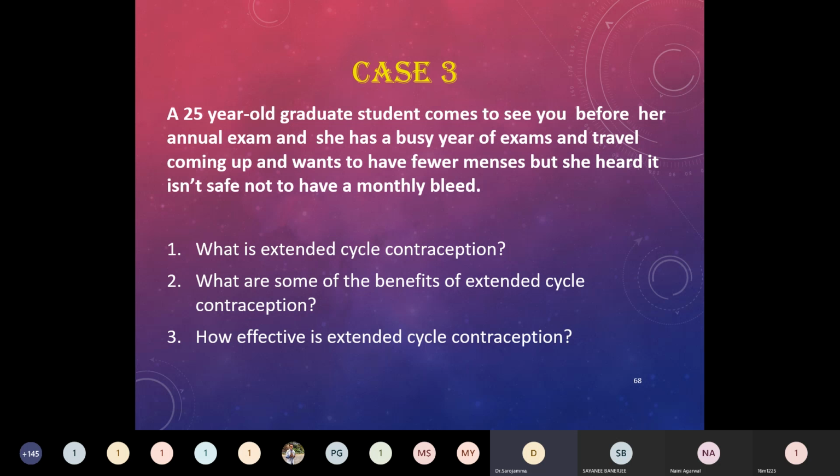Benefits are fewer cycles, less bleeding, less premenstrual tension, less worries, and it is more convenient to manage the cycles. The efficacy is a little lesser than combined pills, 2 per 100 women years.